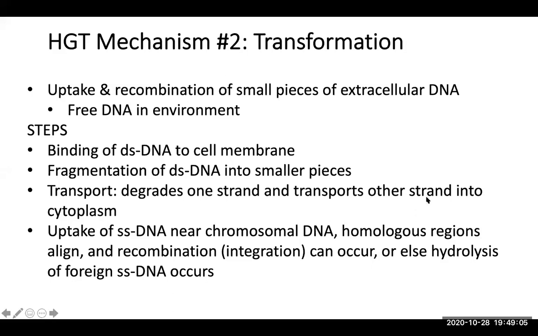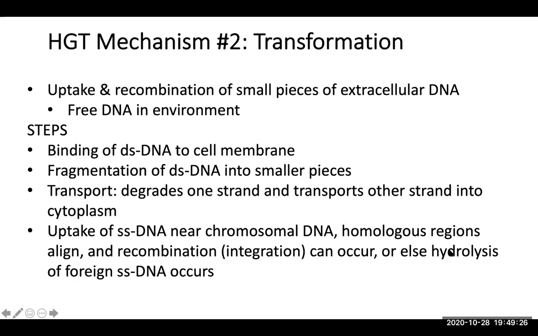So a single-stranded, small piece of DNA comes into the cytoplasm, and if it's allowed to go near the chromosome, and if it can find a homologous region, then recombination can occur, but it doesn't always occur.